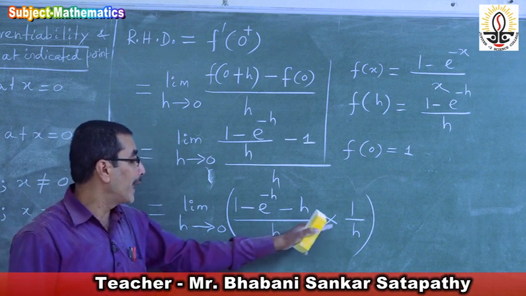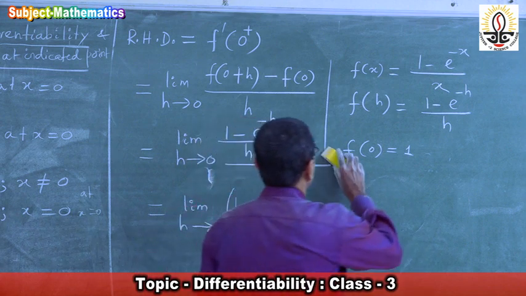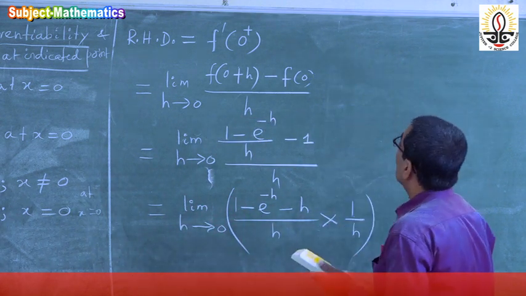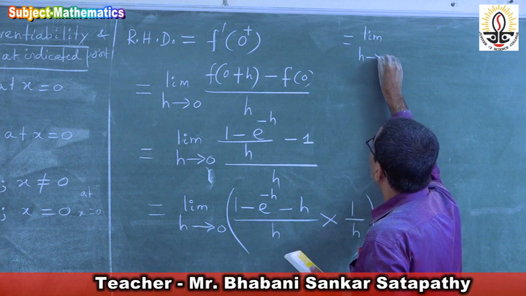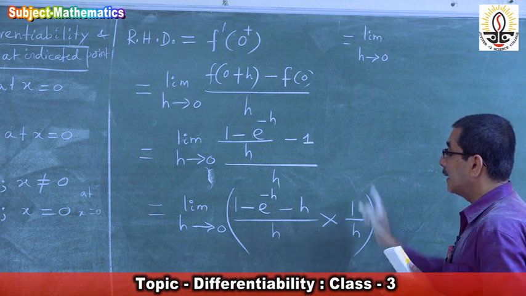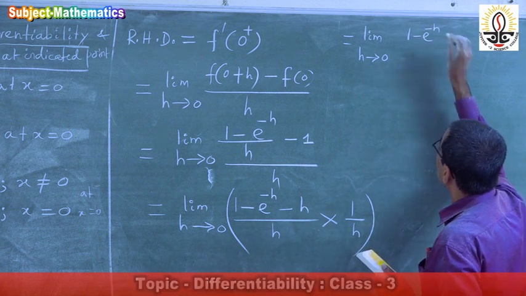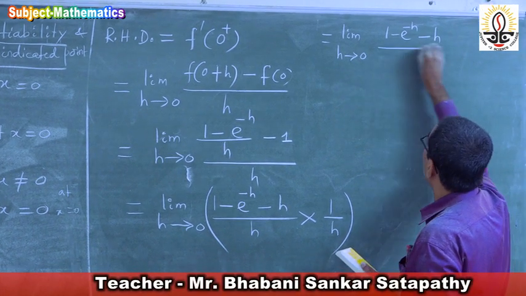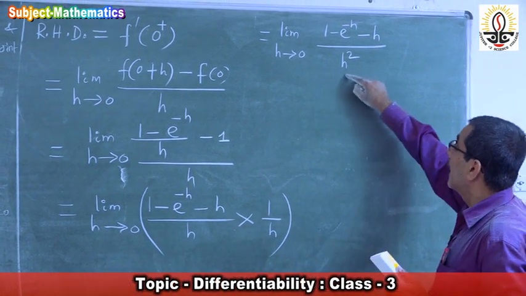So you will get this value equal to limit h approaches 0 of (1 minus e to the power minus h) divided by h square.